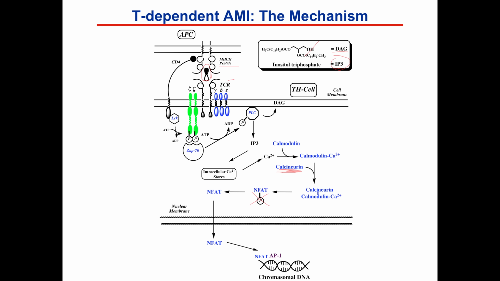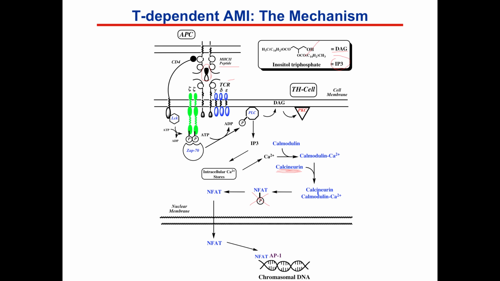Usually, when you find NFAT, you find AP1 bound to it. AP1 is fairly ubiquitous and has a lot of functions, as a lot of these transcription factors do, but AP1 is necessary for the action of NFAT, and they form this complex on the DNA at the promoter regions of the cytokines, as we're going to see. Now that's one part of the mechanism.